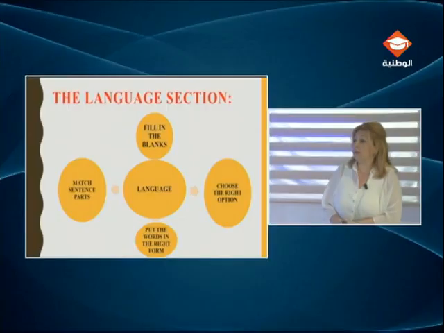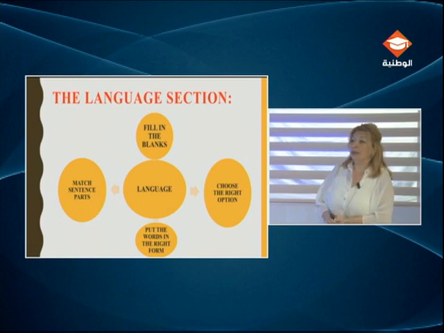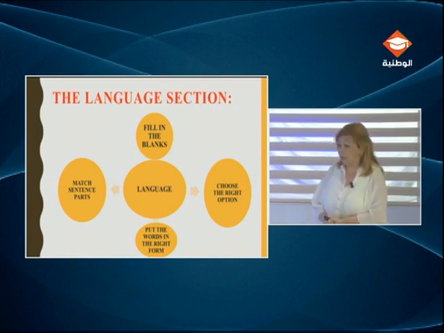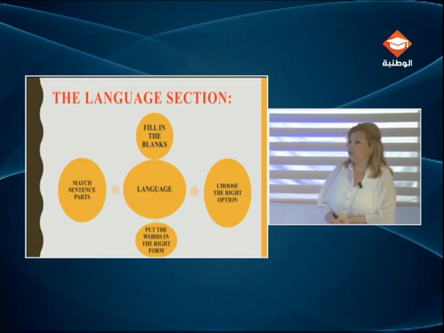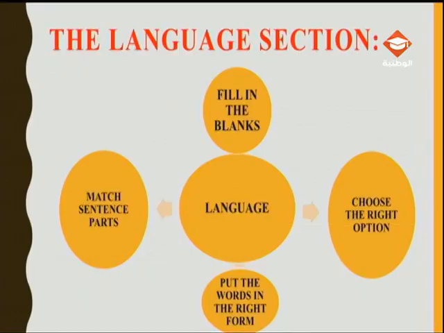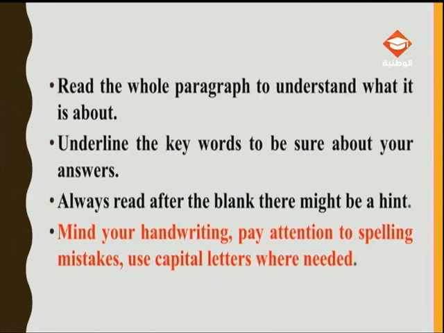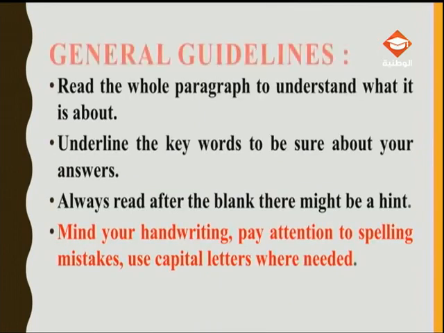Among these exercises, you might be asked to fill in the blanks with words provided in a list, or to choose the right option, to put the words in the right form or tense, and finally, to match sentence parts. We start with general guidelines.